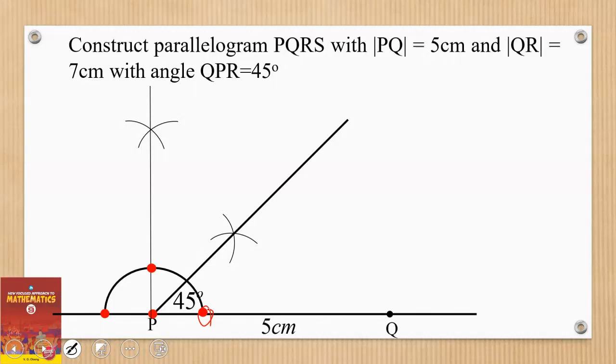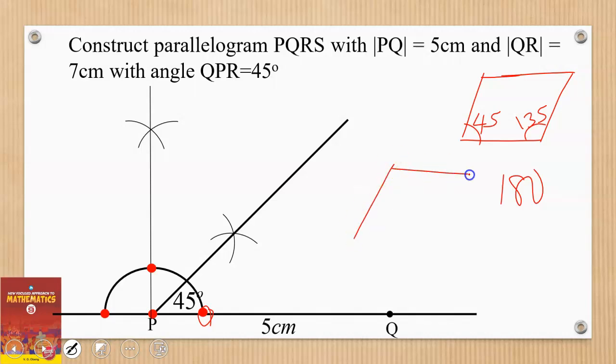No other measurement is given to us, but we know that every parallelogram must have consecutive angles supplementary. They must add up to 180. So if I have 45 here, then automatically the angle that should come here should be 135, because the two of them must add up to 180.